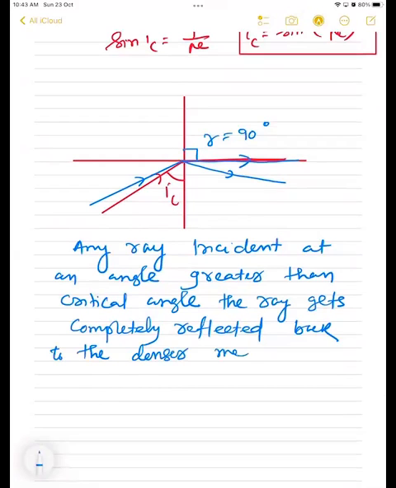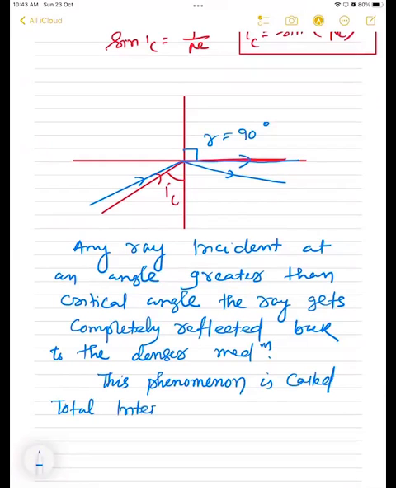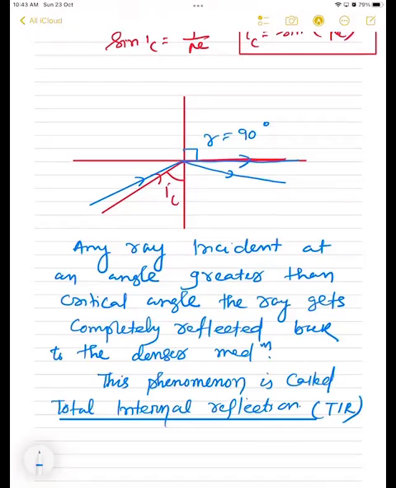This phenomenon is called what? Total internal reflection. Understood this word? TIR, total internal reflection. Correct, na?